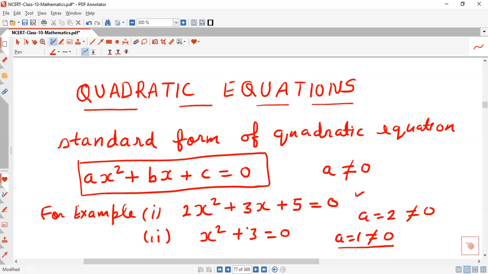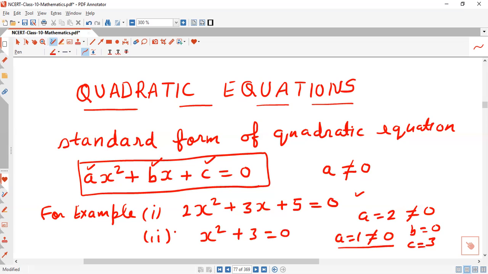The value of b is 0 and the value of c is 3. The values b and c may be 0 or may not be 0, but the value a must not be equal to 0.